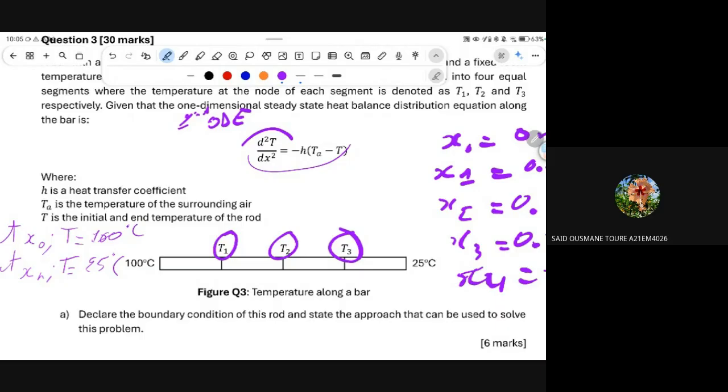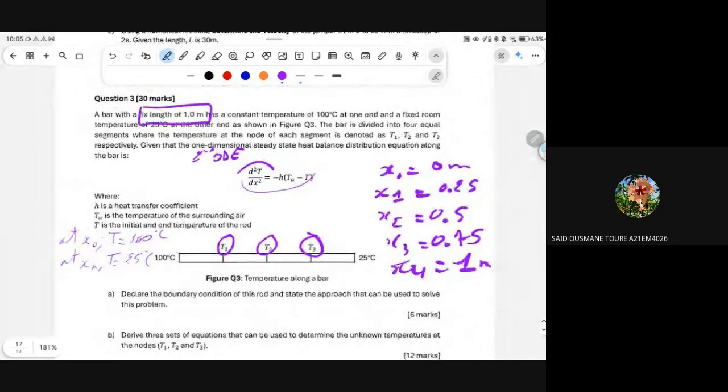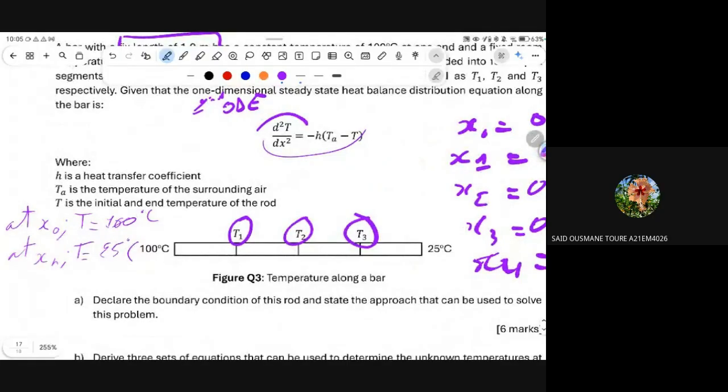What they mean by initial and end temperature is in terms of time. T is not 100 here and 100 here. It's 100 at the initial and at the end of the period of analysis. I don't know why they worded it this way, but that's the essence of it. Be mindful of that, because the latter doesn't make sense. They already gave the different boundaries.